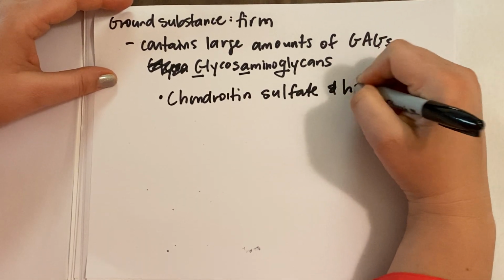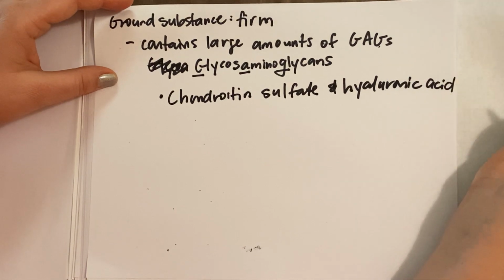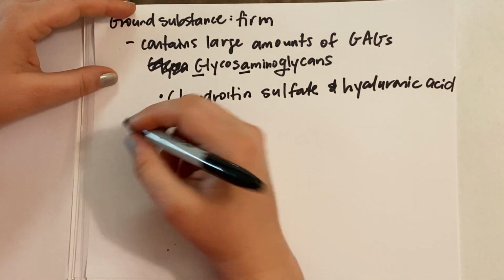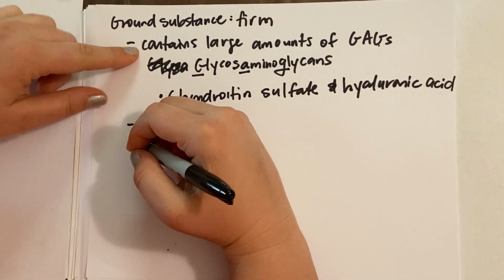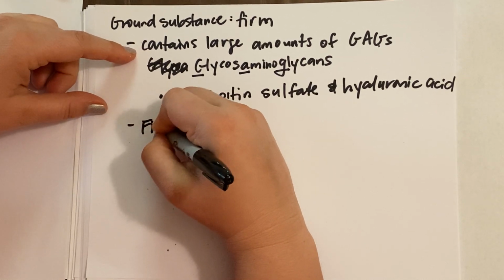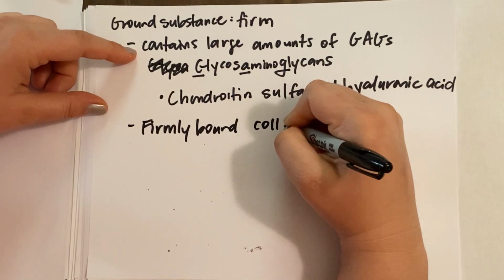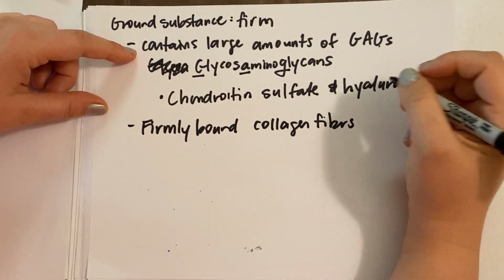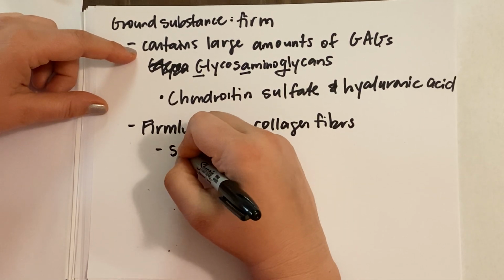It also has hyaluronic acid. That's the fluid part of the ground substance. Then there are firmly bound collagen fibers, and sometimes elastic fibers.